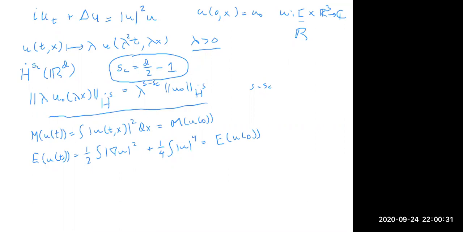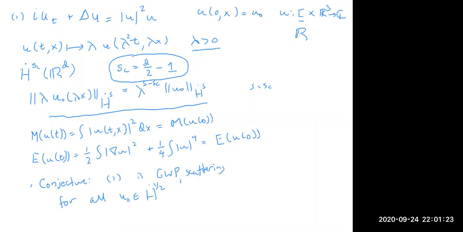And it's conjectured that this equation, which I'm going to call 1, is globally well posed and scattering for all u naught in H dot 1/2.